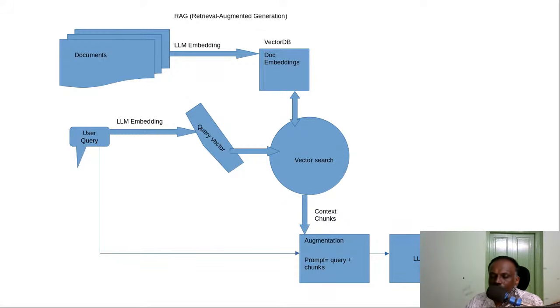Not only that, even if the document is talking about NYC, and the user asks a question related to New York City, it can understand that it is referring to NYC, and it will be able to consider the chunk that has information about NYC.